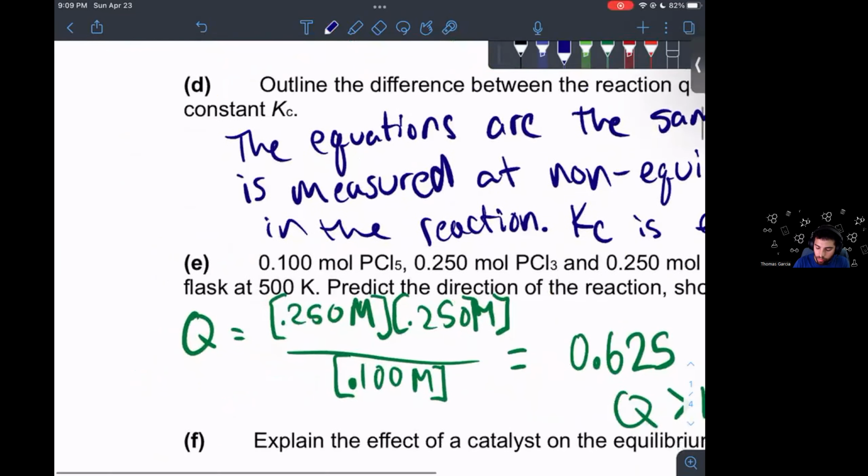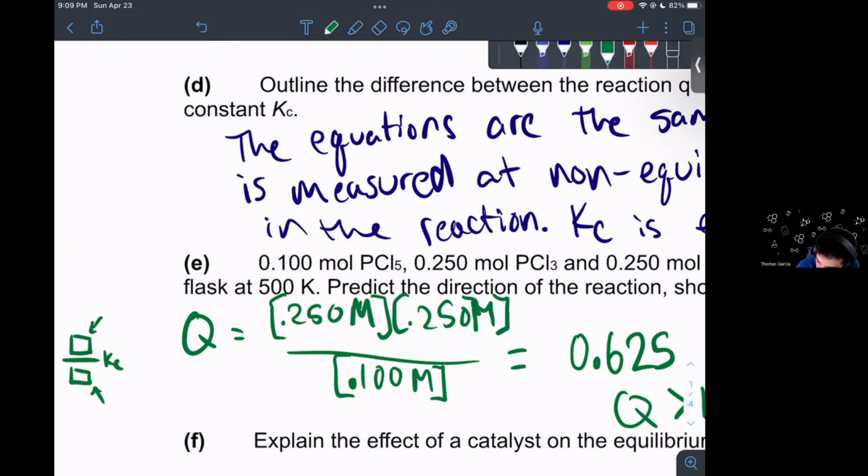Real quick, I'm just going to come over here to the side and explain that last part one more time. We know that for Kc, the top part over the bottom part, this is some amount and this is some amount.